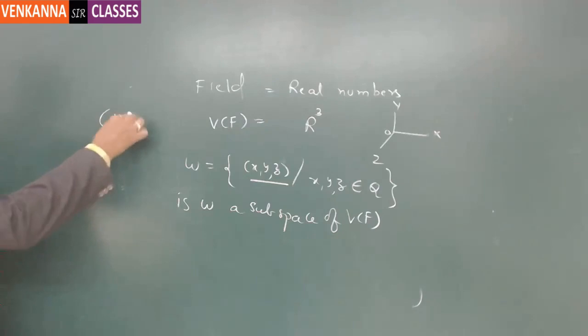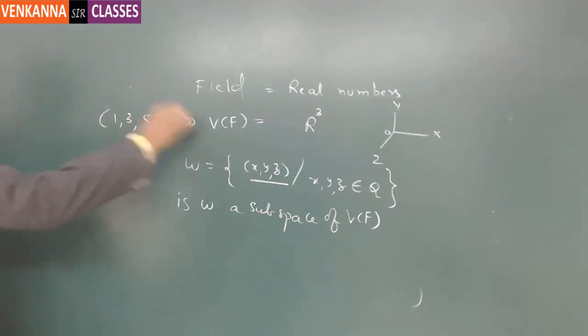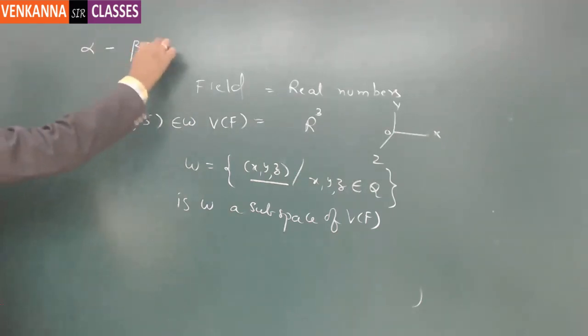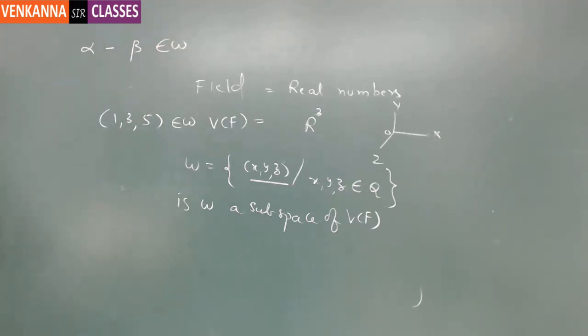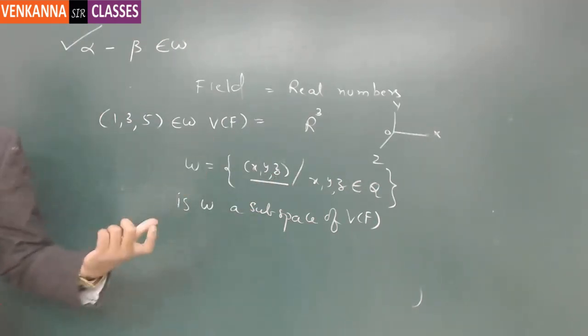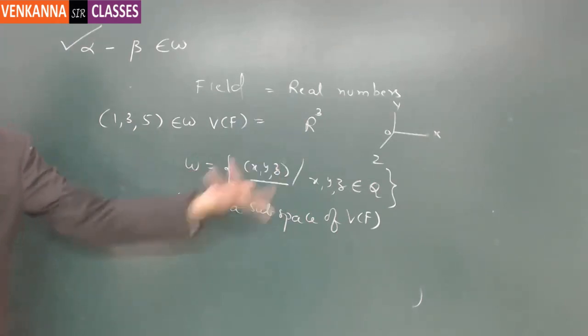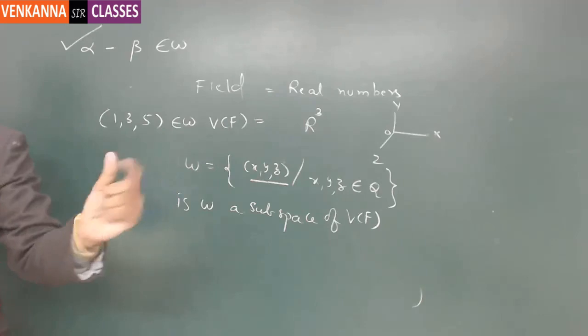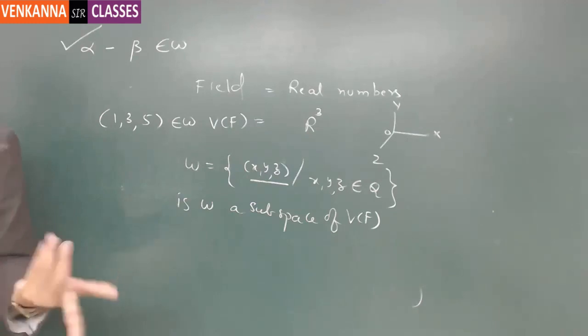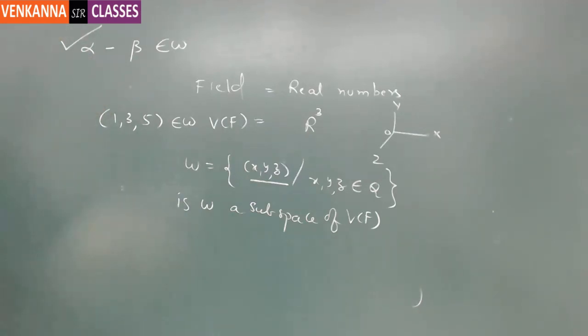So take 1, 3, 5, this belongs to W. Now test 1: whenever I take two vectors, the difference must always belong to W. This condition will be satisfied by W trivially, because whenever you take a 3D point and another 3D point, the coordinates are rational numbers. If you subtract them, rational minus rational is always rational. You cannot get a different one. So the first property will be satisfied by W automatically.